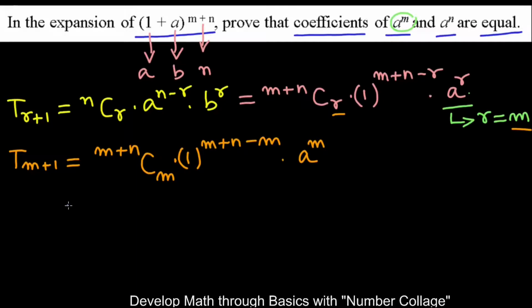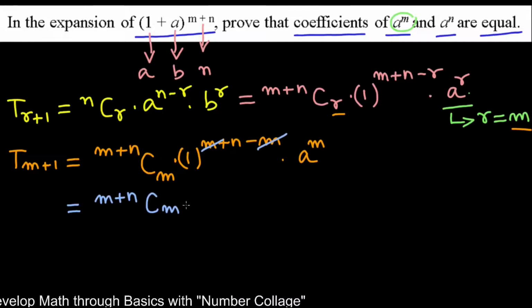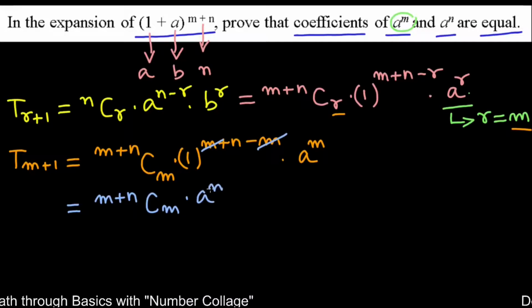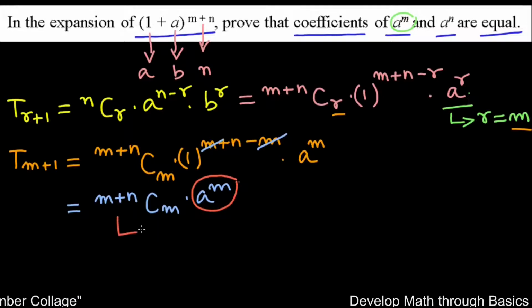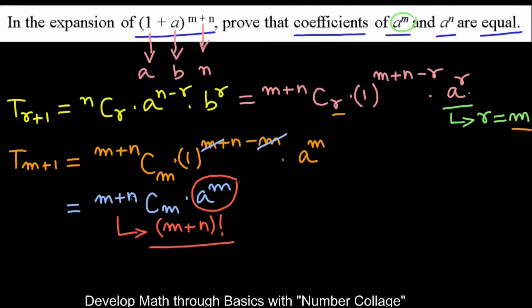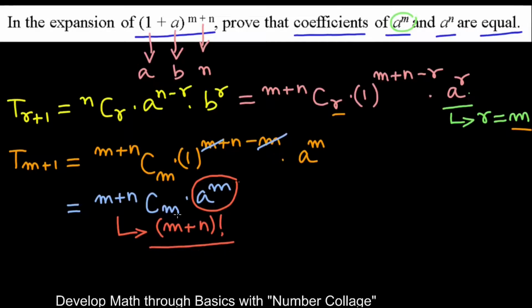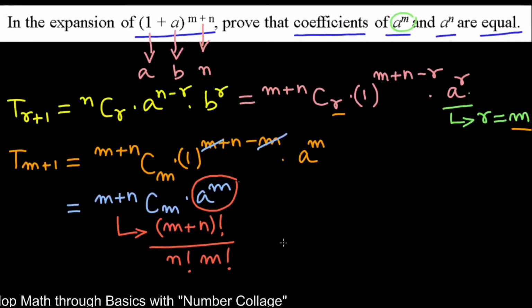So this will be (m plus n)Cm, 1 raised to n, which will be 1, into a raised to m. So the coefficient of a raised to m will be m plus n factorial upon m plus n minus m factorial, that will be n factorial into m factorial.